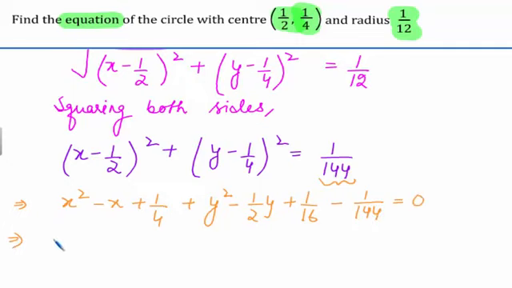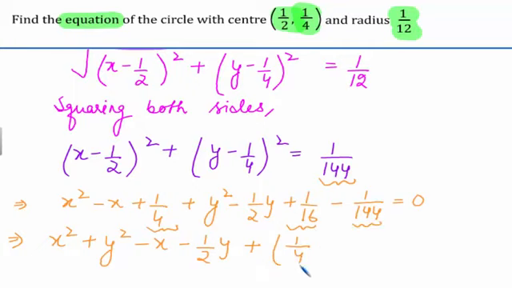Now this implies x square plus y square minus x minus 1/2 y. Then simplifying the constants, we have 1/4 plus 1/16 minus 1/144 is equal to 0.